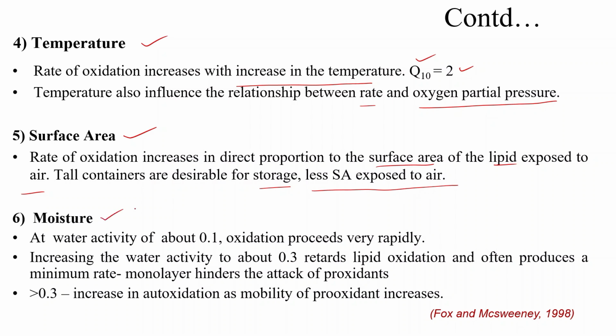Then coming to moisture: at a water activity of about 0.1, oxidation proceeds very rapidly. If we draw the graph between water activity and auto-oxidation, it will look like this. Here is water activity of 0.1, here is 0.3, and here it is more than 0.3.